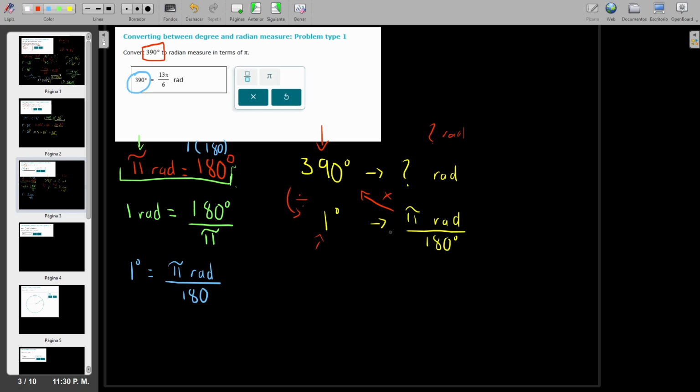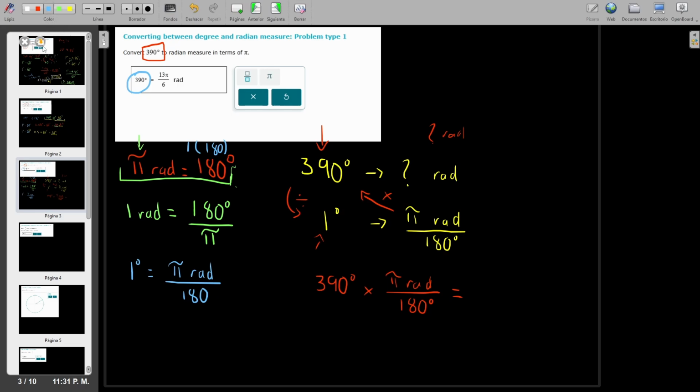Now we do our multiplication and our division. It's going to be 390 degrees times pi radian over 180 degrees. If we solve this, we put the whole value in our scientific calculator, and yes, that is a correct answer.